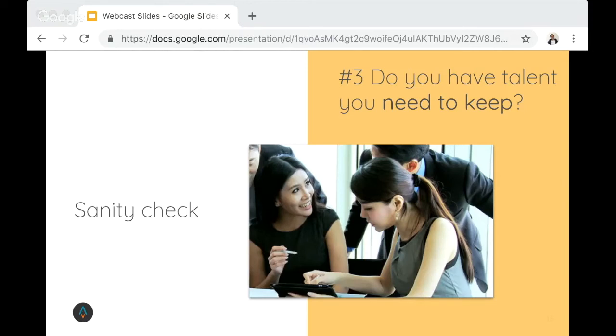However, if you do have talent that you need to keep, if you have good people that you believe help you drive the business forward, then you need to know what they're thinking on a more regular basis than once a year or once every 2 years. If you've done the hard work of attracting good talent to your company, doesn't it make sense to find ways to keep them?